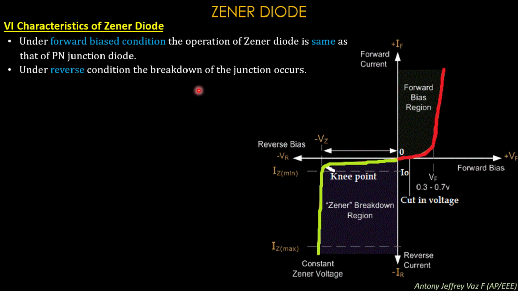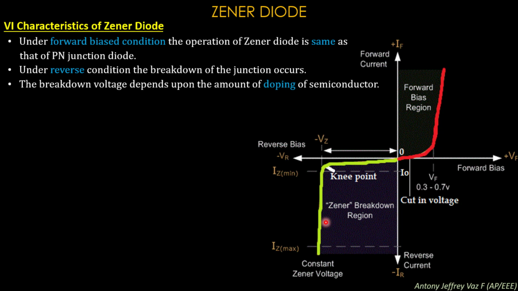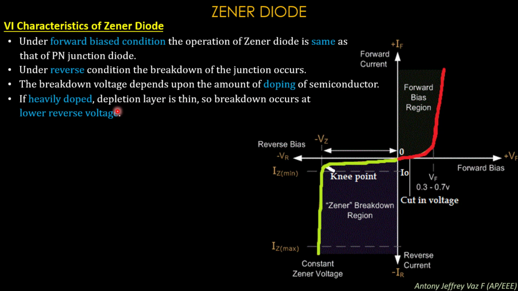Under reverse condition, the breakdown of the junction occurs. So, in the reverse bias condition, the junction starts to break down. The breakdown voltage depends upon the amount of doping of the semiconductor. So, the reverse biased voltage depends upon the impurities added in the Zener diode. If heavily doped, the depletion layer is thin, so breakdown occurs at a lower reverse voltage.